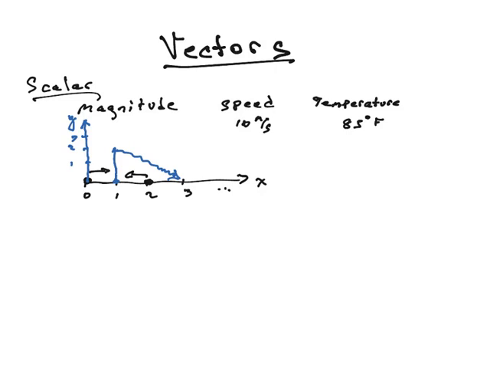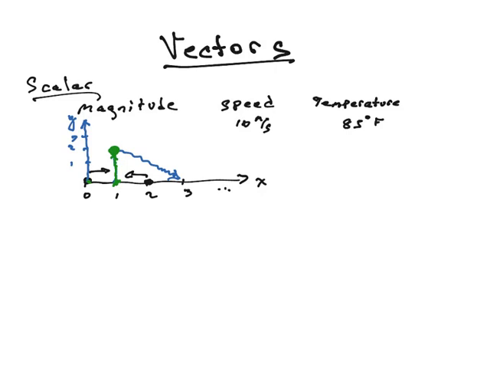For instance, if I want to say where the ball or whatever object is moving, I can't just give you one piece of information. I say it's 1 meter in the x direction, and then it moves up 2 meters in the y.